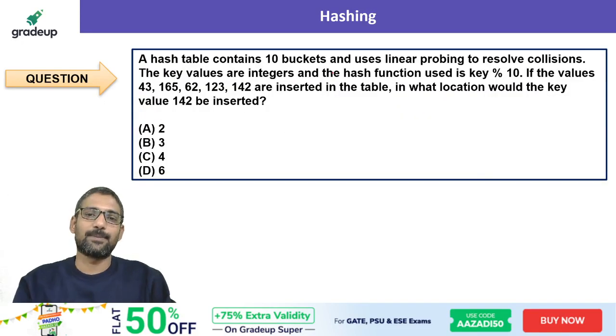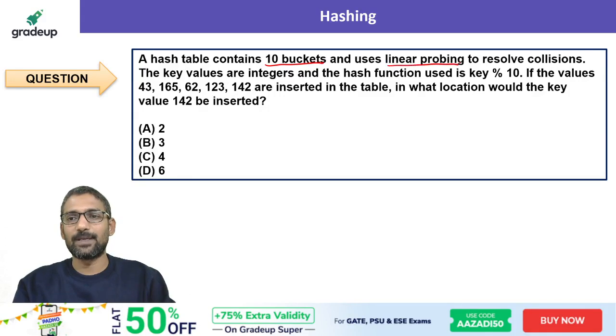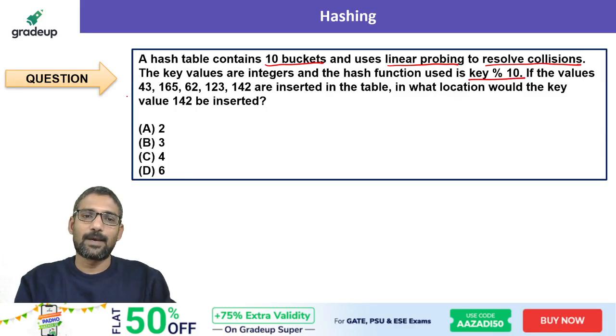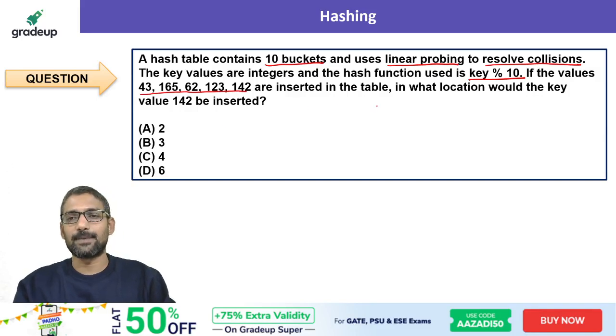A hash table contains 10 buckets and uses linear probing to resolve collisions. The key values are integers and the hash function is key mod 10. If the values 43 and so on are inserted in the table, in what location would the key 142 be inserted?